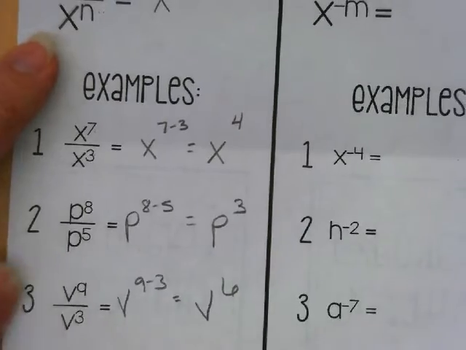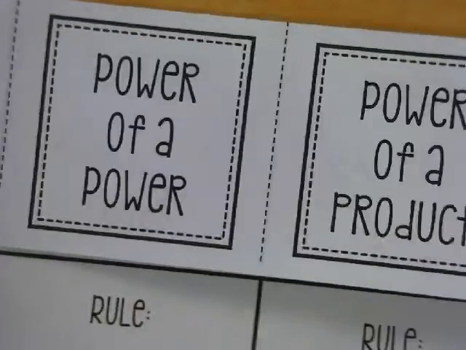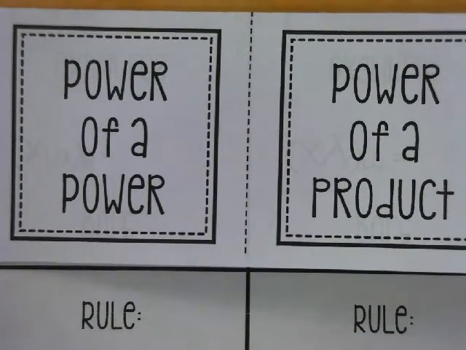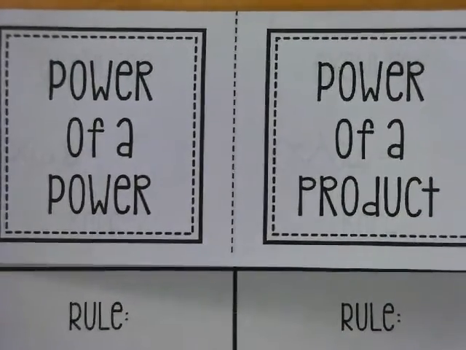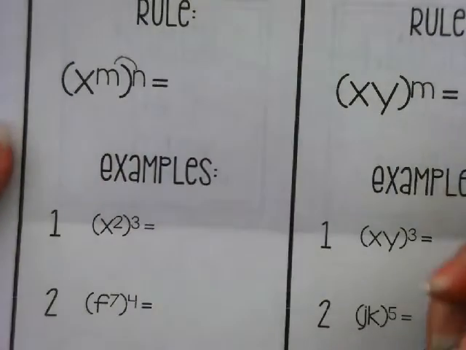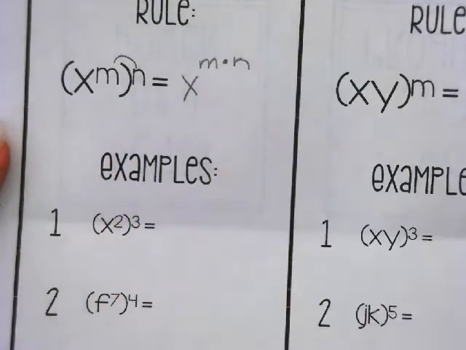All right. Then we learned raising a power to a power. We did these two rules. Power of a power and power of a product. Okay? So a power of a power just says you're going to distribute. So we're going to say m times n.